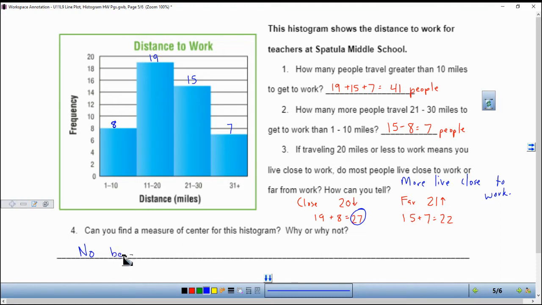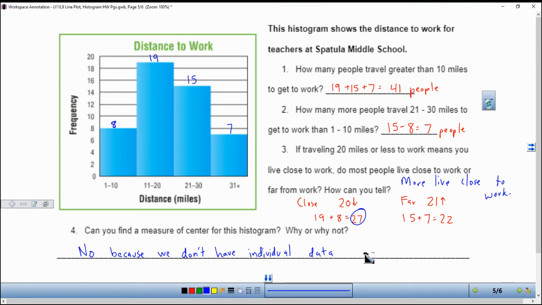Because, and we've said this before for other histograms, we don't have individual data points. We just don't have them. In the previous histogram, we started with individual data points, and then we made the histogram and you couldn't see them anymore.